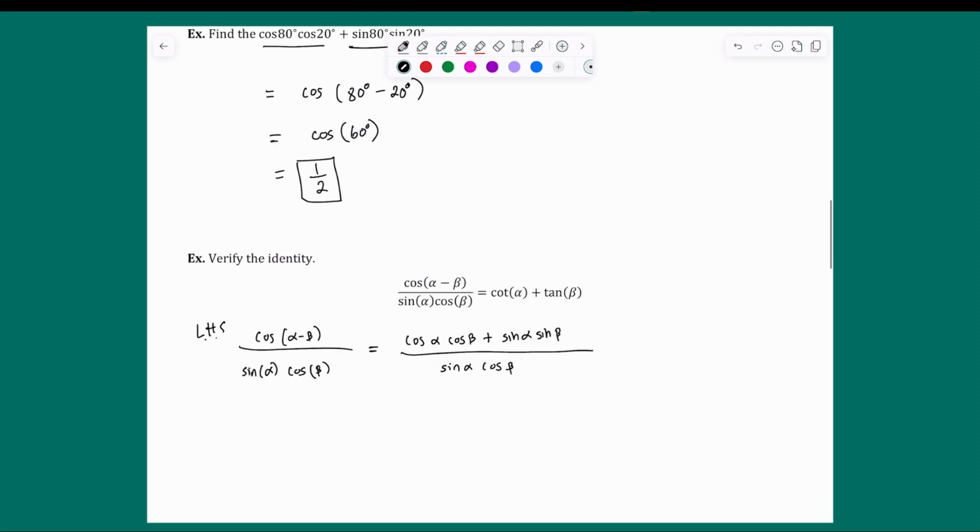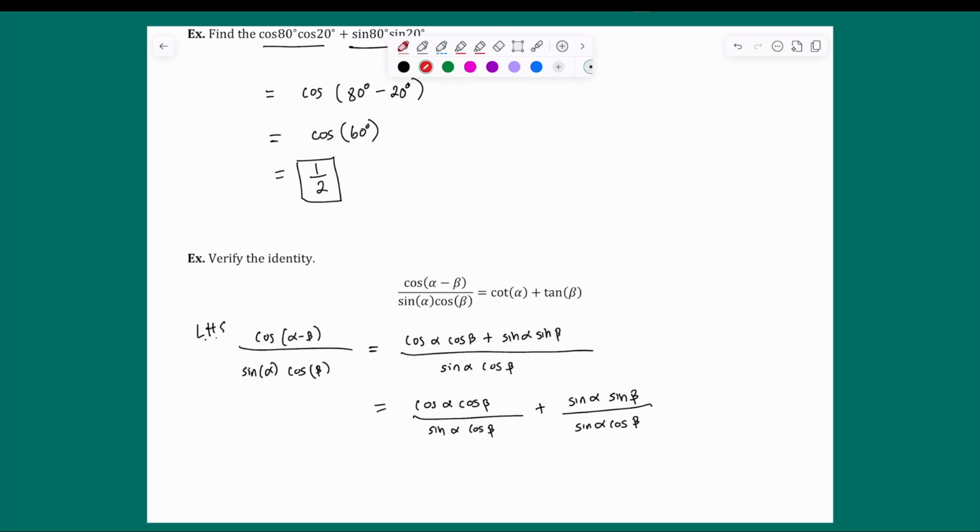Then I'm going to split the fraction, meaning take the denominator into that sum, so that the first quotient would be cosine of alpha, cosine of beta, all over sine of alpha, cosine of beta, and then plus sine of alpha, sine of beta, all over sine of alpha, cosine of beta.